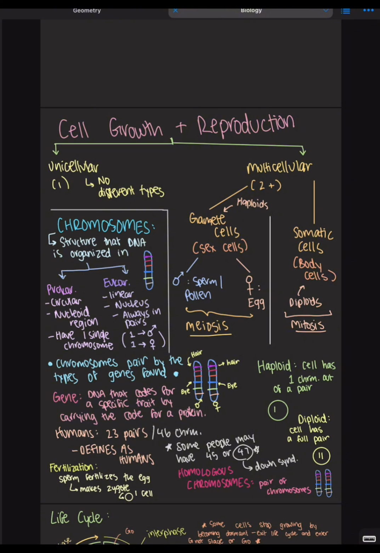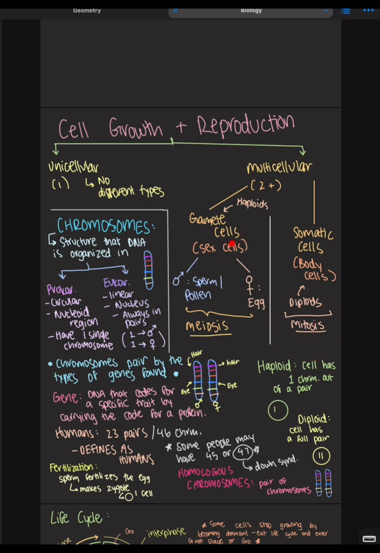But in multicellular organisms, we have two different types of cells. We have gamete cells and we have somatic cells. Somatic cells, also known as body cells, carry out functions in the body, and they undergo a process called mitosis.